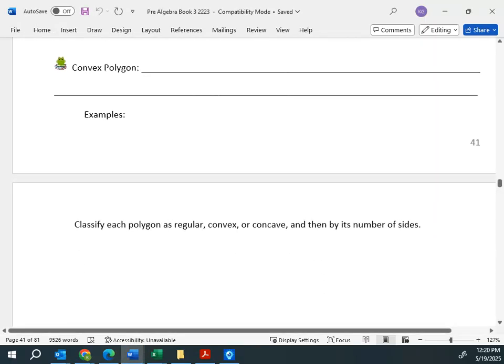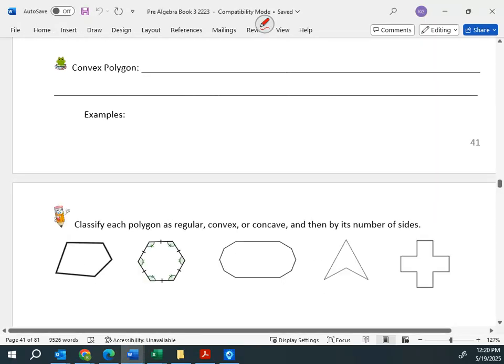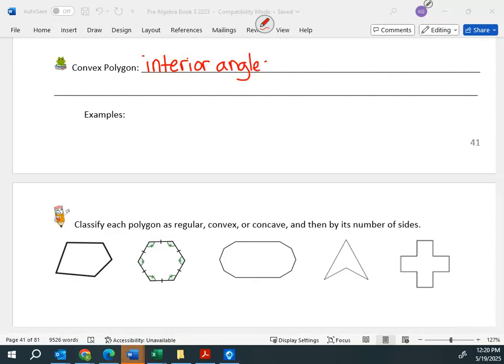Then we have a convex polygon. Interior angles are less than 180 degrees.